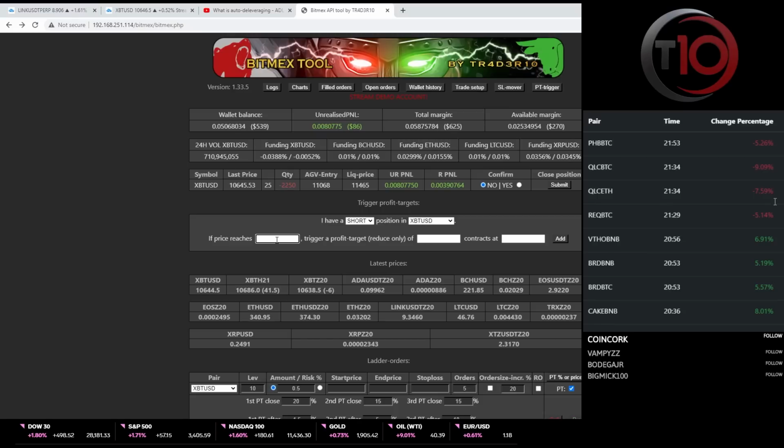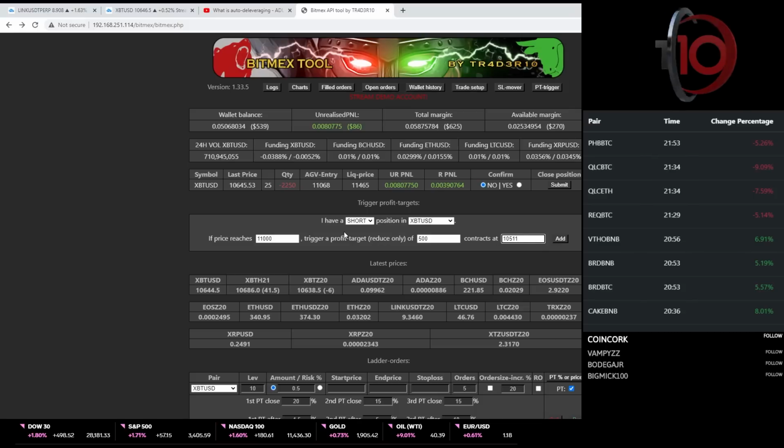My brain isn't working right now. So if price reaches 11K, then trigger 500 contracts, reduce only profit target at 10,511. So if I click on add, it will create a stop limit.